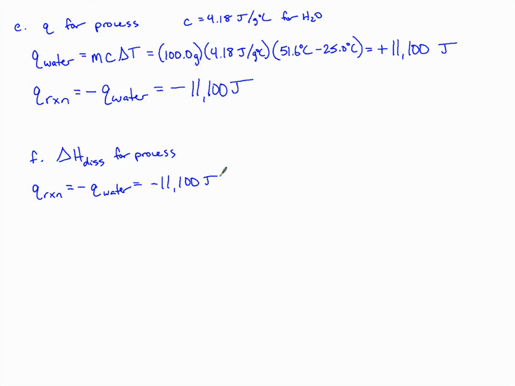This is the amount of energy released by the sodium hydroxide as it's being dissolved. In order to figure out delta H, we have to know a couple of things. There's a formula, and this formula is not on the AP sheet, in part because it's really not that complex. Delta H is the Q of the reaction divided by the number of moles of the reaction.